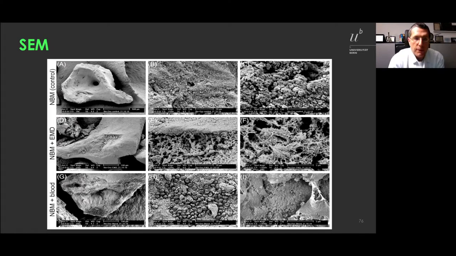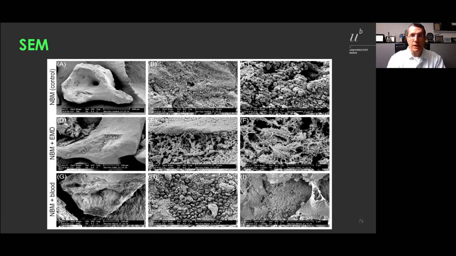You can see the same also on this scanning electron microscopic image. Look at the particle of the graft, here in the left upper corner. If you add EMD and you don't have blood contamination, then it is this middle row. Look at the middle part at high magnification. This is the precipitation of the enamel matrix proteins on the surface.